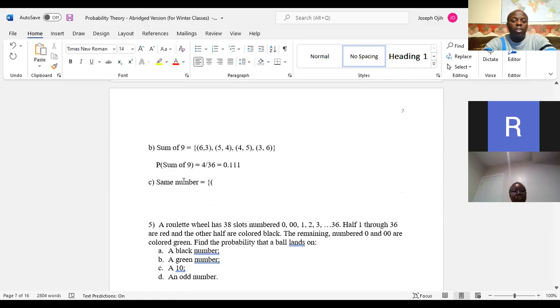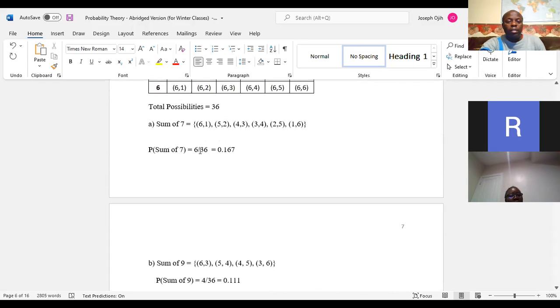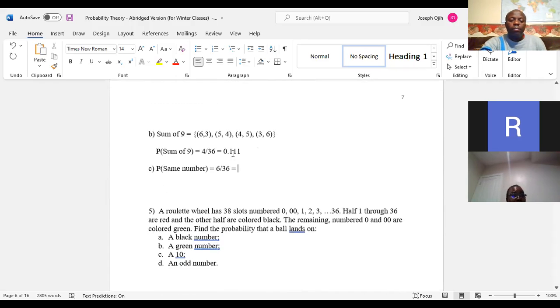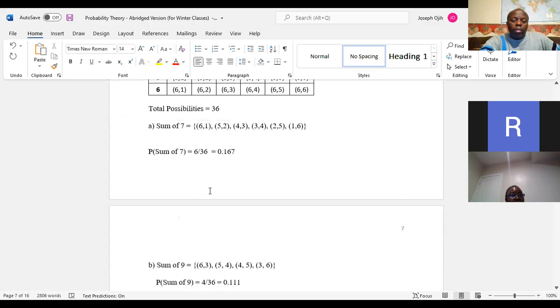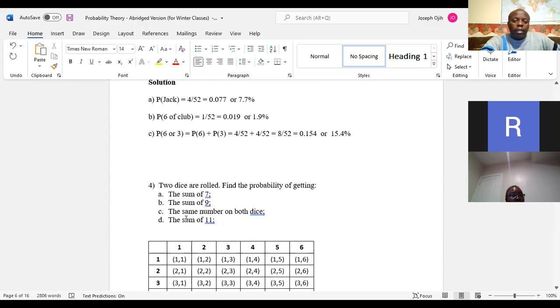So the probability of getting the same number will be 6 out of 36. We got the answer for this before in the first example: 6 over 36 is 0.167.